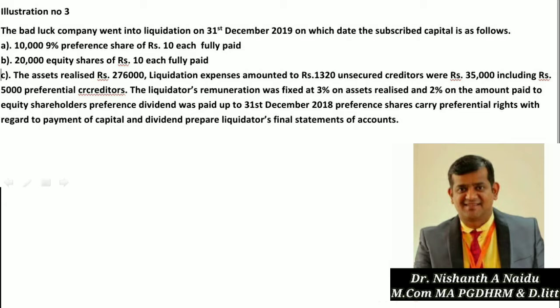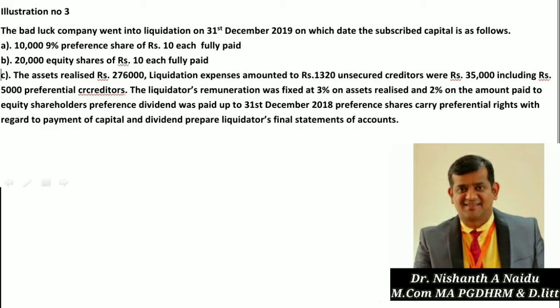See, this is a bit different kind of problem than the other two which we have done so far. Here he has given the capital: 10,000 9% preference shares of rupees 10 each fully paid up, and 20,000 equity shares of rupees 10 each fully paid up.